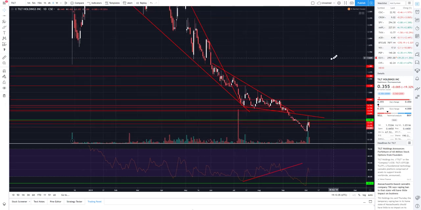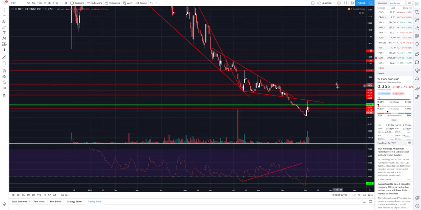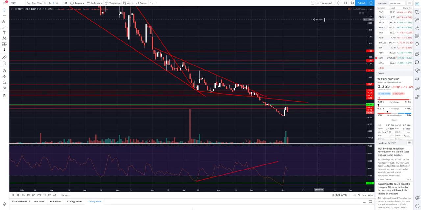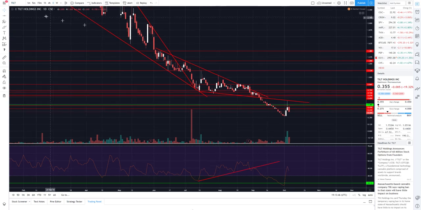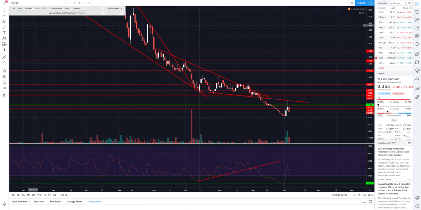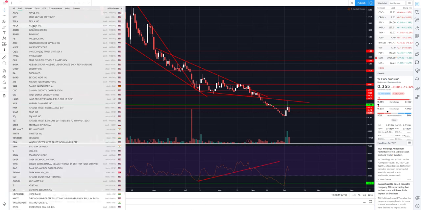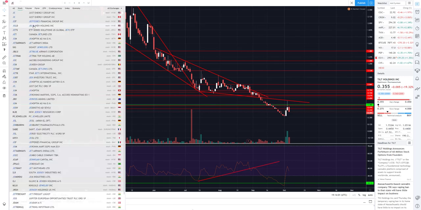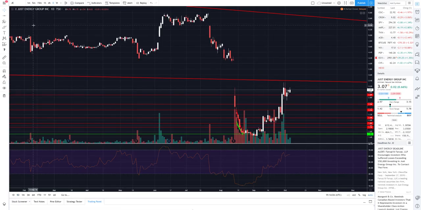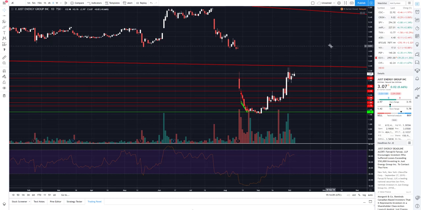So implied volatility, another thing, is basically how much the stock is set up to move. It's a good stock to reference. Here's a stock that just went from over $4 to $1.50.